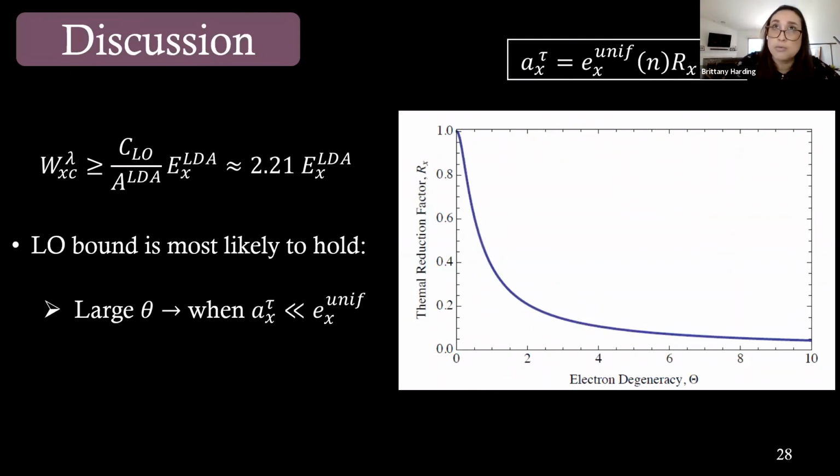That is, a situation where the exchange free energy will be much lower than the ground state exchange energy, because we know the Lieb-Oxford bound binds the ground state exchange. An instance where this is likely to hold is when we have large theta. If we recall, large theta gives us a very small R_x. Small R_x multiplied by the ground state exchange will give us a small finite temperature exchange.